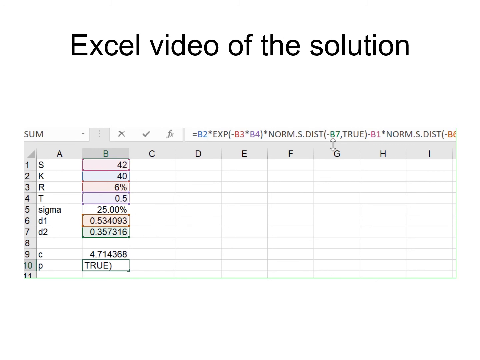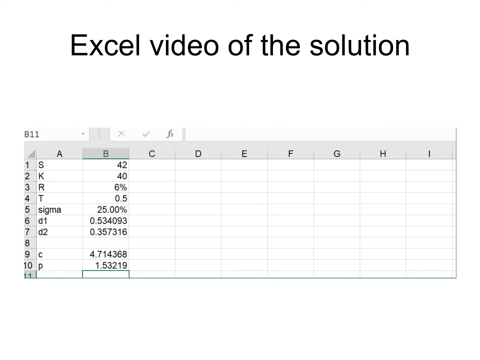So negative B7 is a cumulative distribution, minus B1, which is S, times N of negative D1, negative B6, and true. So now let's return. We get this.